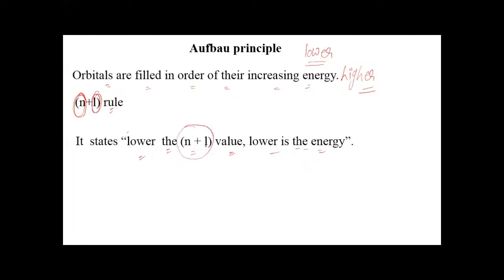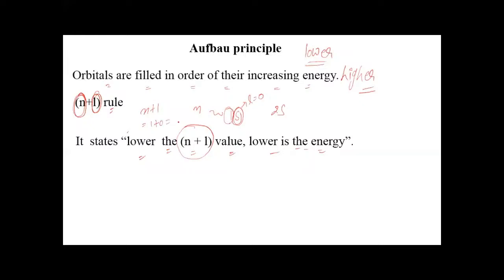Here we take an example of 1s and 2s. In case of 1s, 1 is the principal quantum number, whose value is n. On the basis of s, we can understand the value of l is 0. So n plus l value in case of 1s is 1 plus 0 is equal to 1.